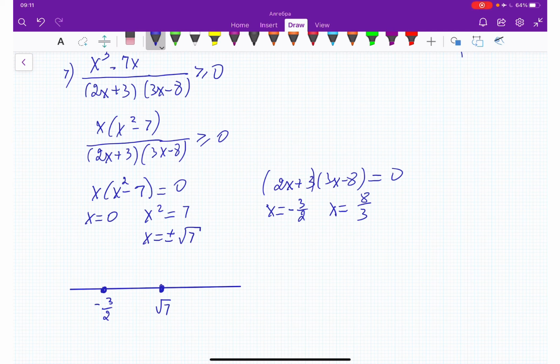This is 1.5. And 2.65 is going to be somewhere here. Negative square root of 7. Okay. And what do we have? 8 over 3.